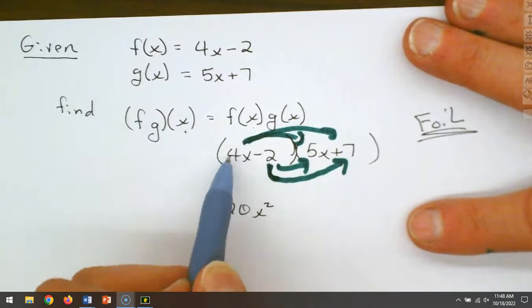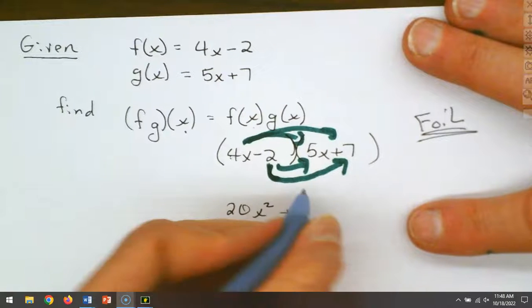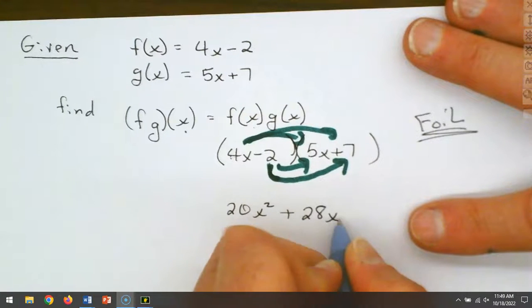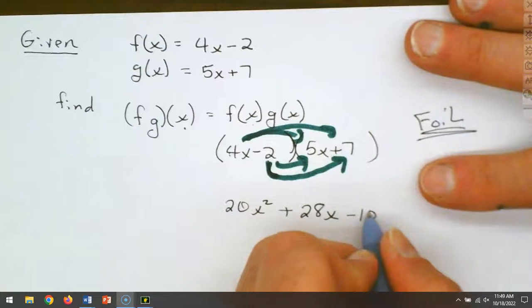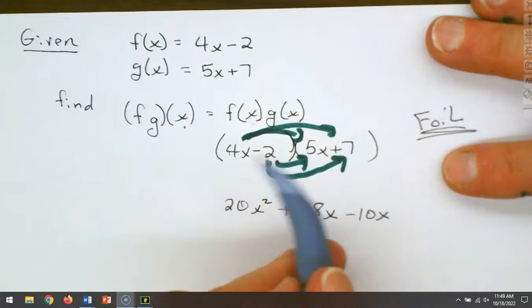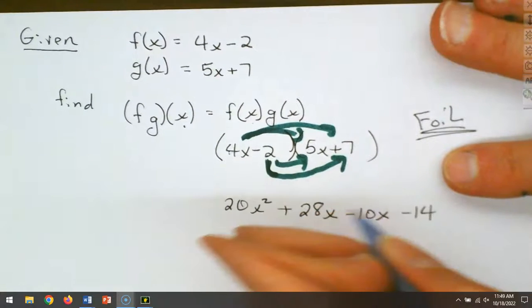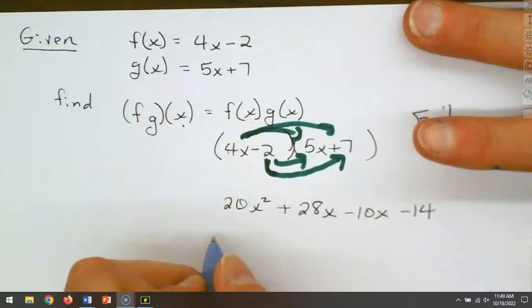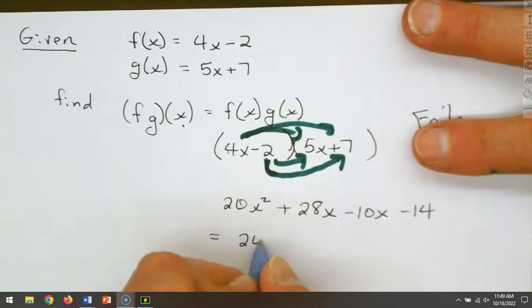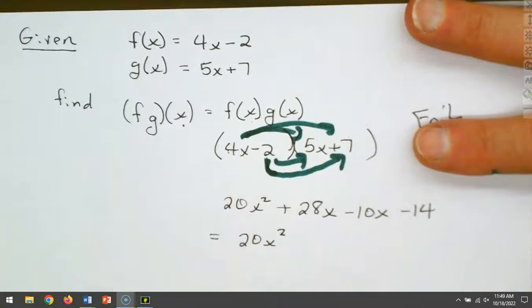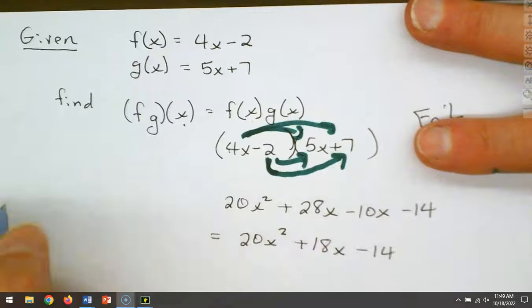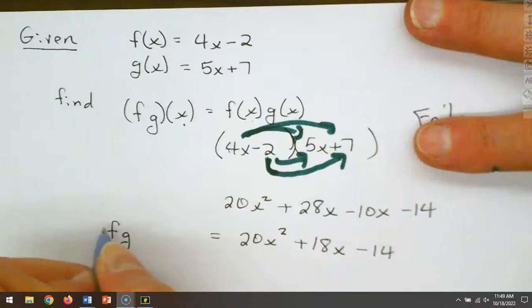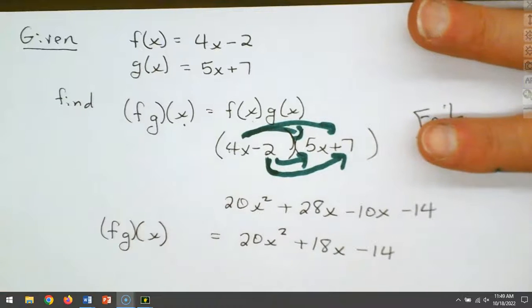Outside and outside, so 4 times 7, that's a 28x. Minus 2 times 5, that's a minus 10x. And minus 2 times 7, that's a minus 14. Put it together, and that's 20x squared plus 18x minus 14, and that is f times g of x.